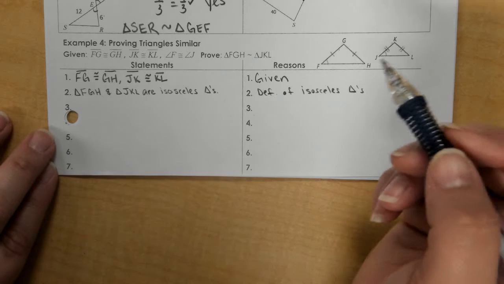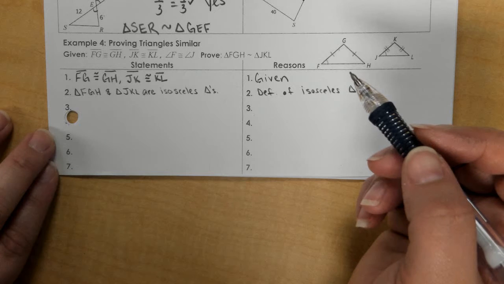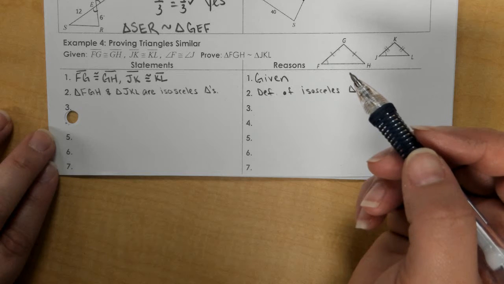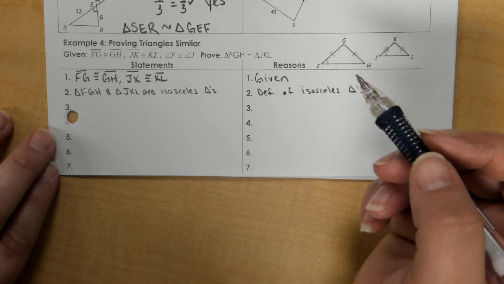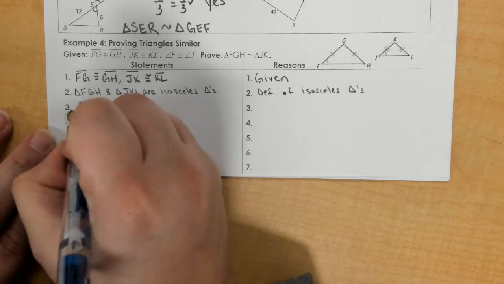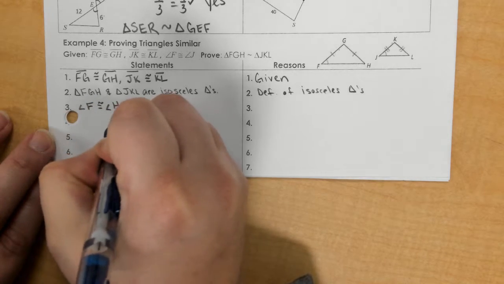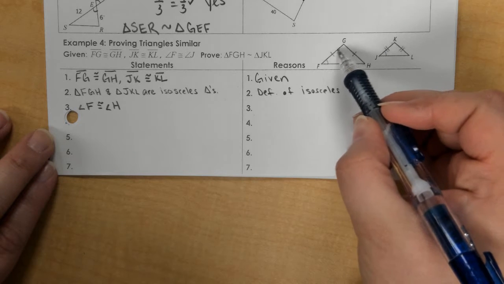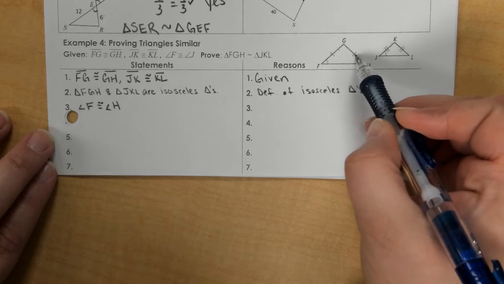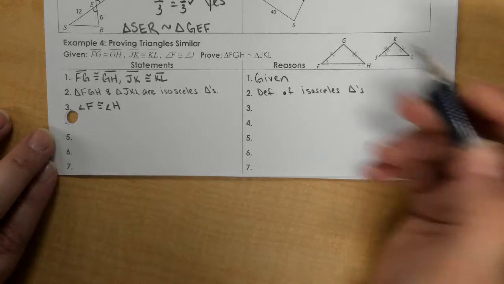Then I know that angle F is congruent to angle G. Oh, I'm sorry. Angle F is congruent to angle H. Because if I have an isosceles triangle, if these two sides are congruent, known as the legs, then their base angles right here are also congruent.